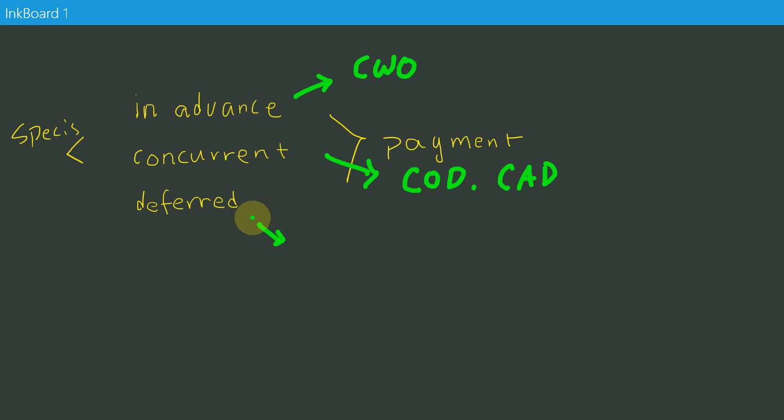So representing payment of deferred is DP, DA, and which is very familiar, LC. So we will again see detail of this method.